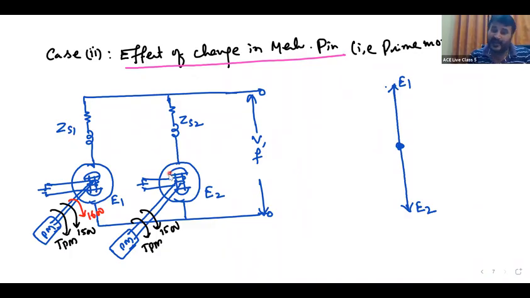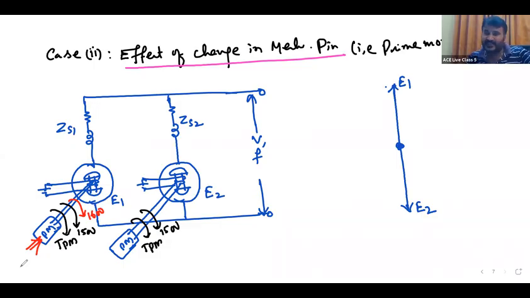That can be done again by the synchronizing power. Synchronizing power will come into the picture, but this time it is going to be active power. Because prime mover input is increased, and mechanical power is active power, the synchronizing power also will be active power.